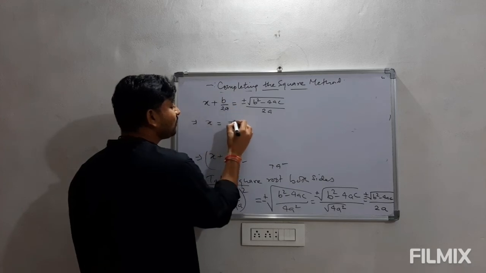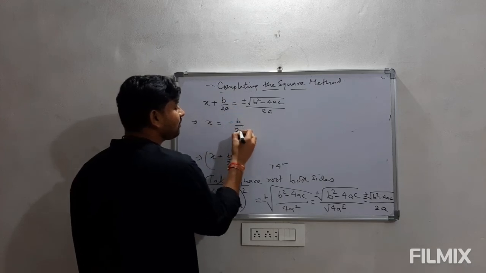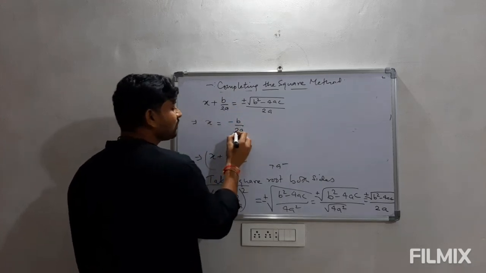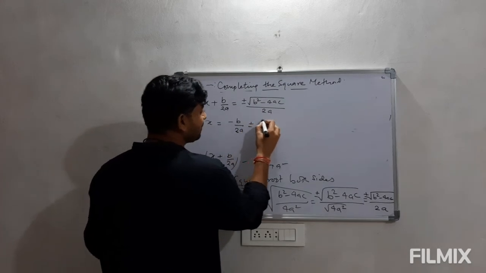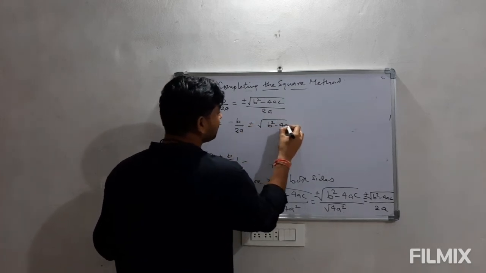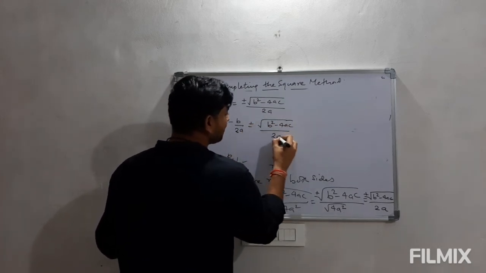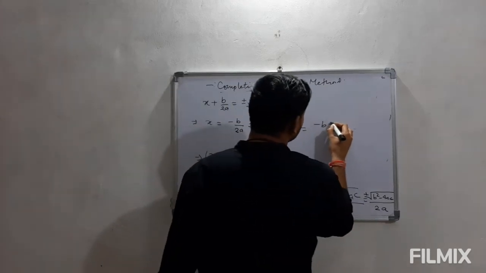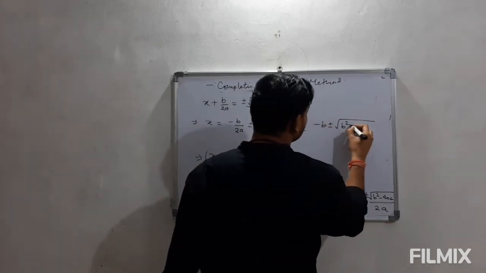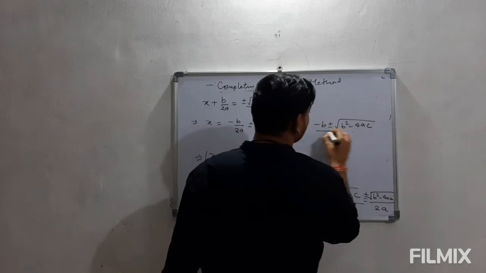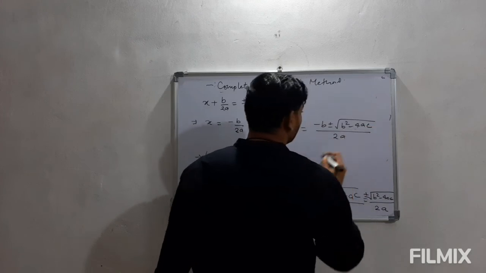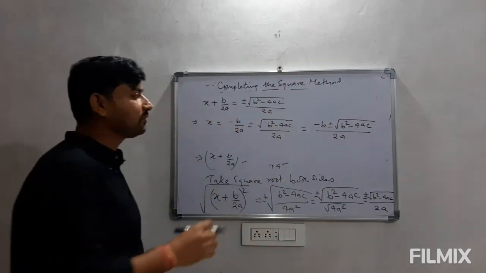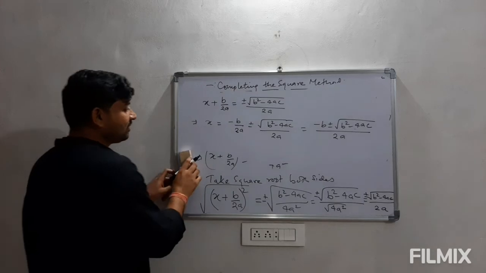This plus b upon 2a will come with minus sign, that is minus b upon 2a plus minus under root b square minus 4ac upon 2a. Clearly the denominator is 2a only, so we can write minus b plus minus under root b square minus 4ac upon 2a. So this is the whole expression which we are getting here.